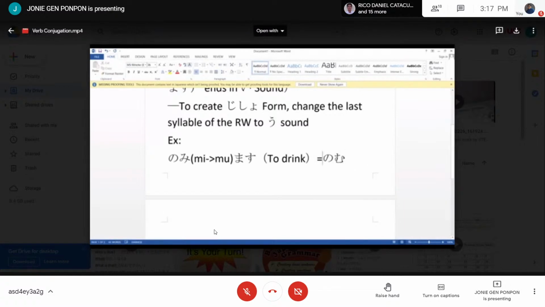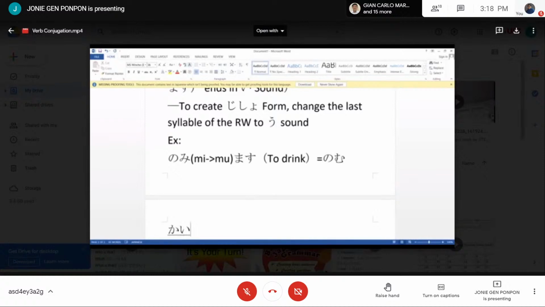Now, this is your jisho form of the verb nomimas. Okay? So, ganyan. That's how you convert masu form of the Nihongo verb to the jisho form. Okay? Another example.